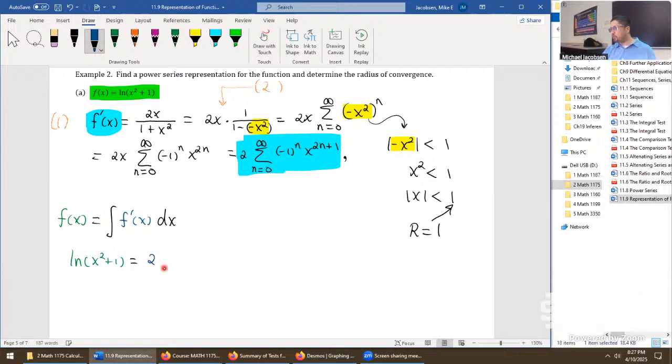I'm going to write it in as a 2, sum from 0 to infinity, -1 power of n. But then the integral sign that was right here moves right in front of the power of x. So then integrate x power 2n plus 1 dx. So that's how we go from the function related to its derivative, and the fact that the derivative is a power series just means integrate that part of the power series.